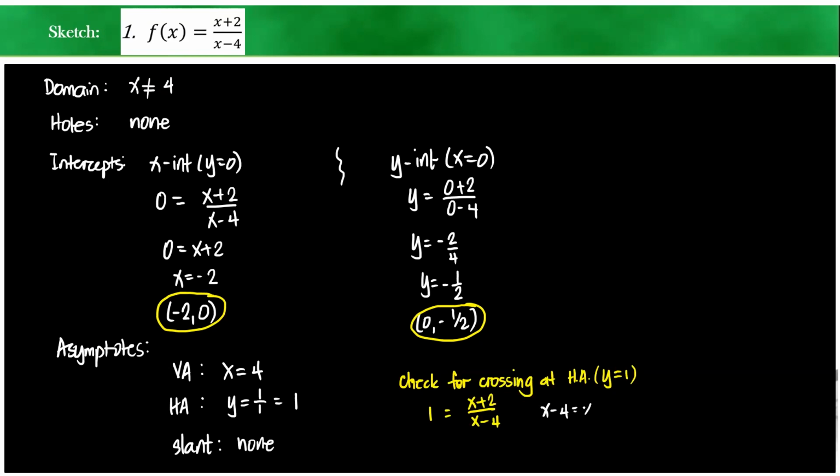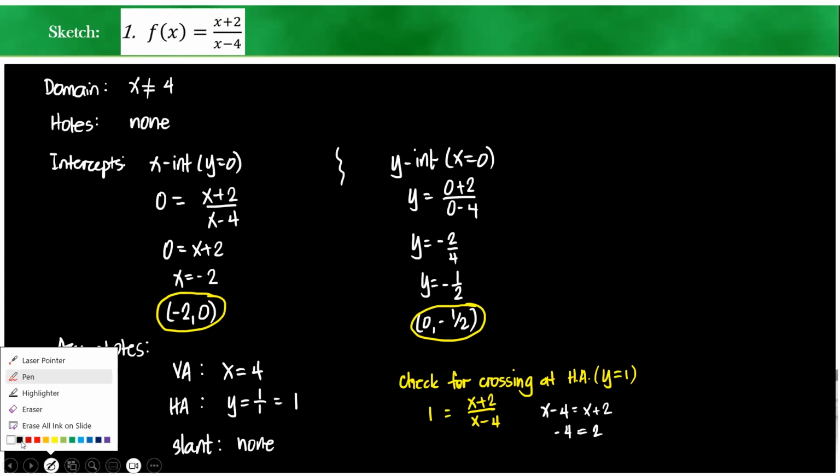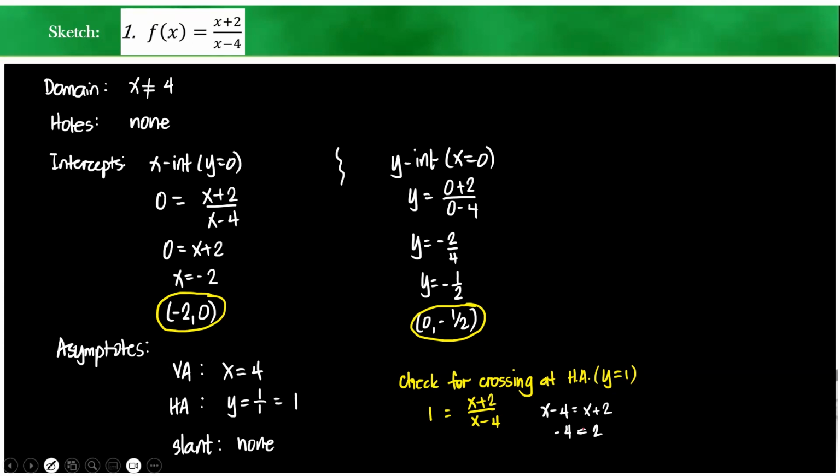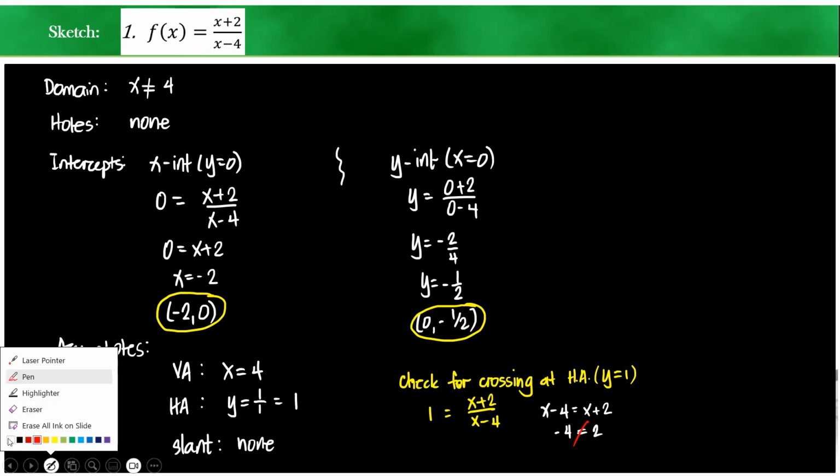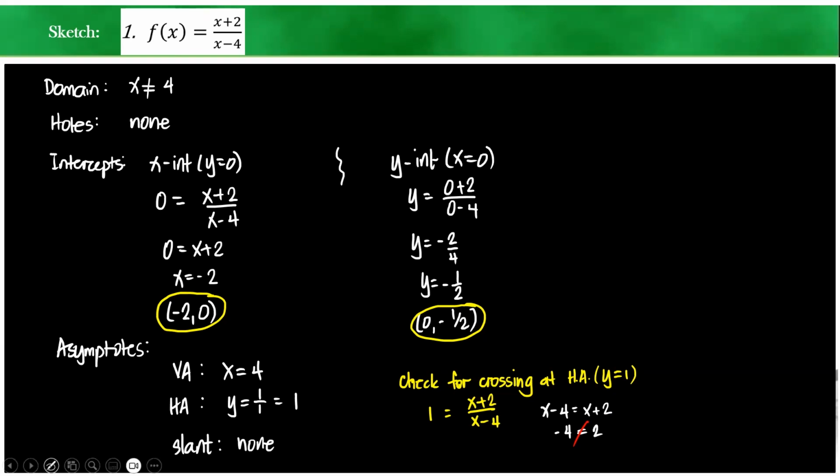X minus 4 is x plus 2. May problem. Is negative 4 equal to 2, guys? No. So this equation cannot happen. That means, ano ibig sabihin nito? No crossing at the horizontal asymptote. So tapos na tayo dito.